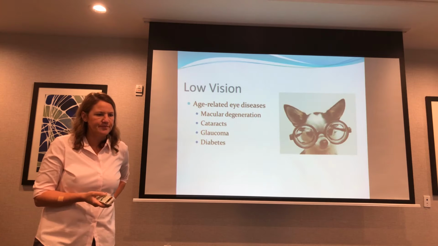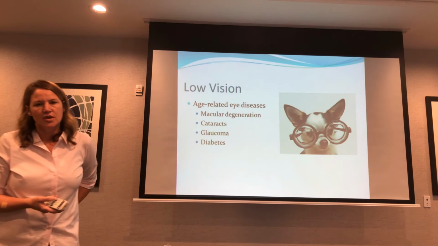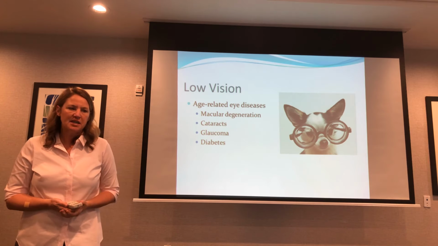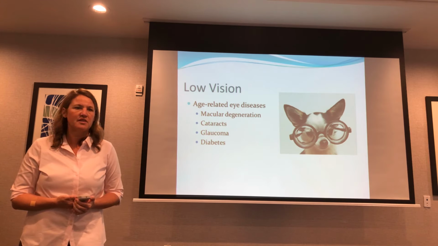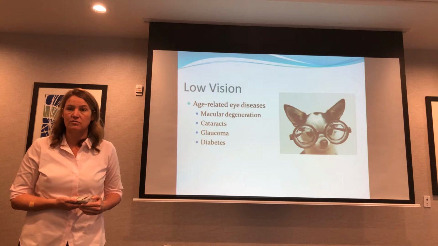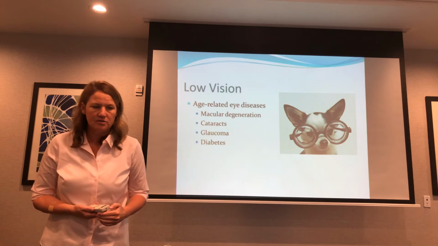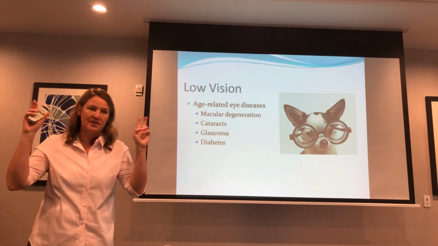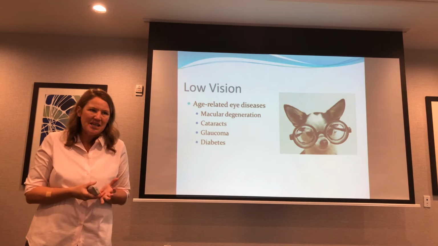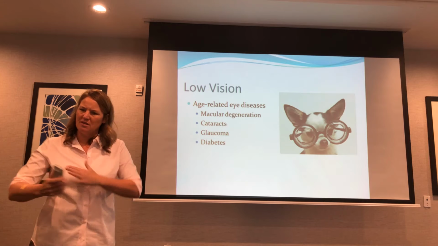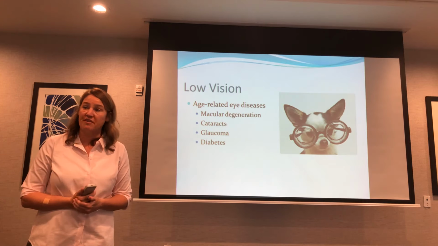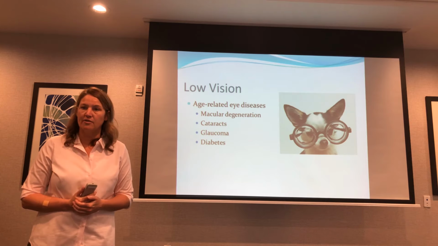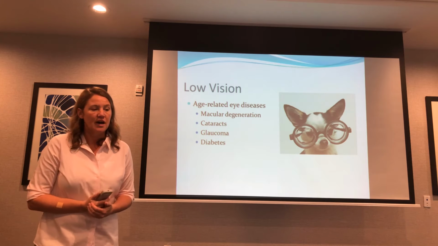Okay, vision. To be diagnosed with low vision generally means that even with the best corrective lenses, you can't see well. Some people would be classified as legally blind. I've had a lot of people who were classified as legally blind who could still see somewhat, and we could set up their environment in a way that they could function pretty well, but technically the vision is so impaired that they classify in that range.